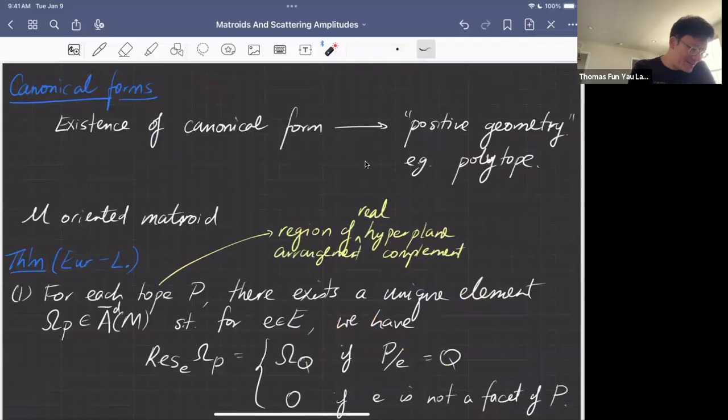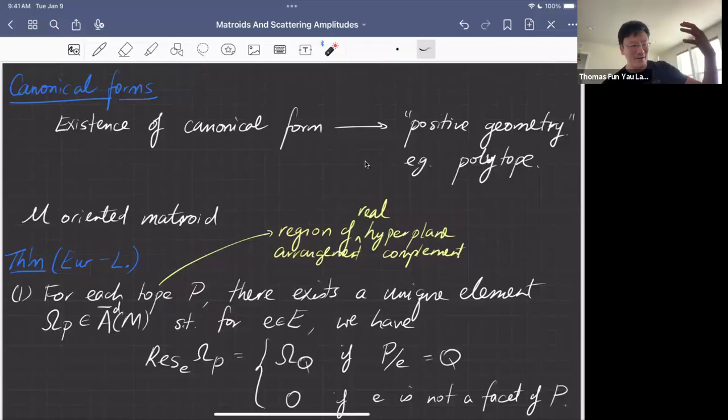And this canonical form is motivated by some notion called positive geometry. So positive geometries are sort of semi-algebraic geometries. Examples of positive geometries are things like polytopes. They're positive parts of things like moduli spaces, toric varieties, or flag varieties. So if you take a toric variety, inside it sits a copy of the polytope.